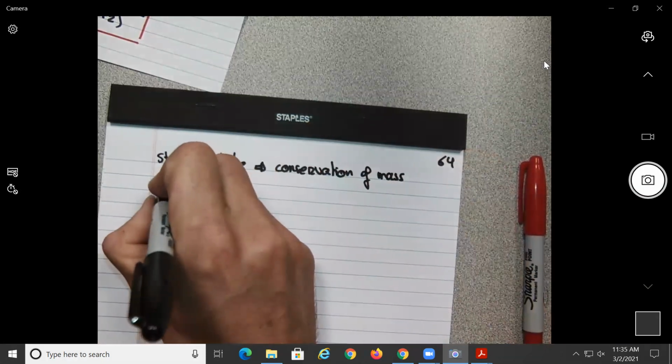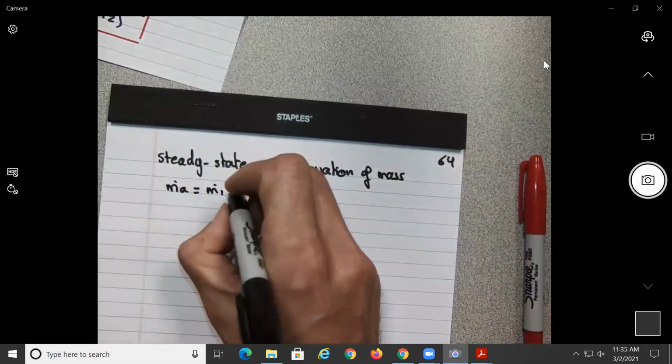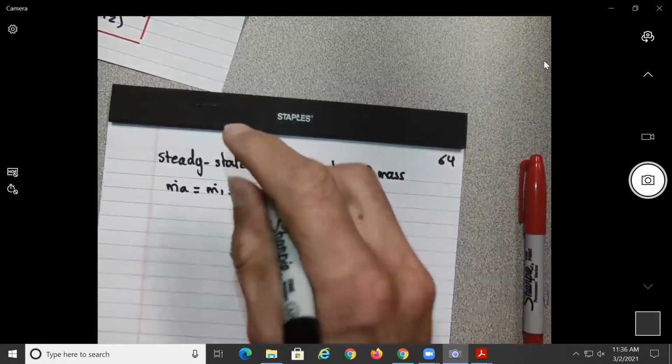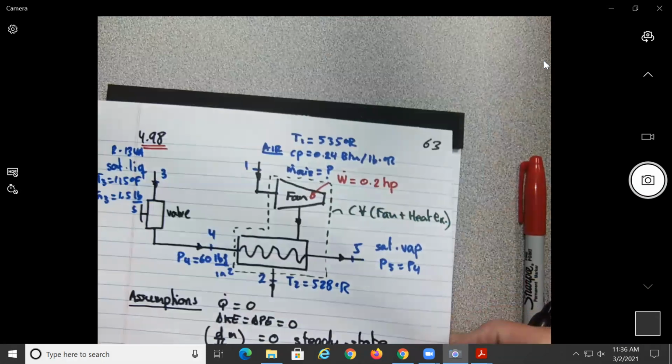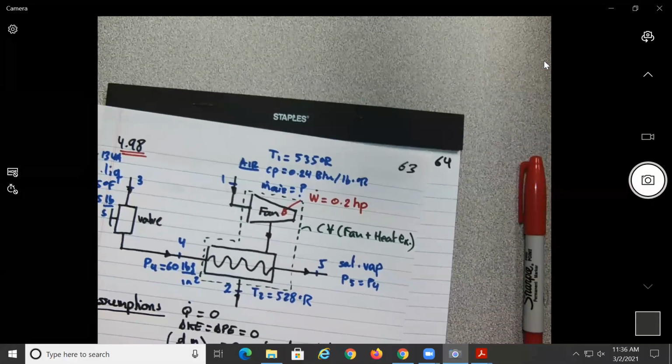We're going to have the mass flow of air equal to mass flow 1 and mass flow 2, no? Everything going through this line here will be the same.